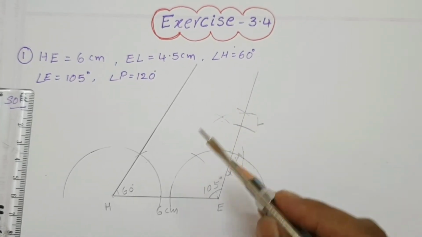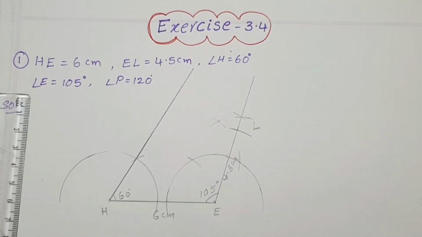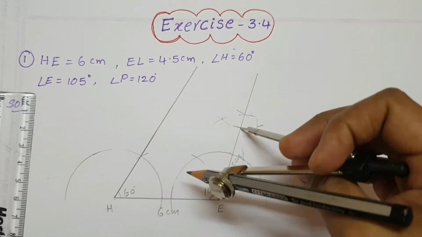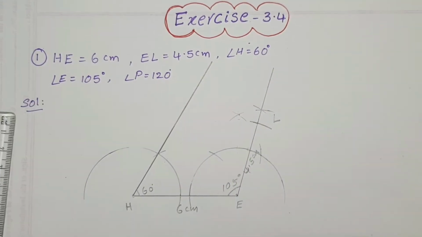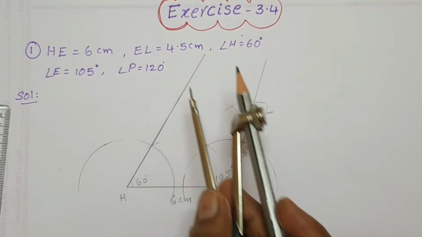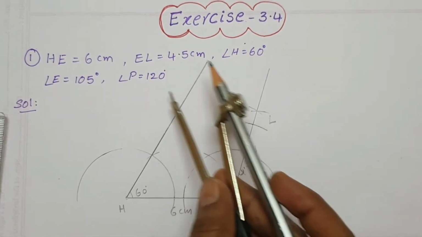Again here, 75 degrees with L point, again below half. Here observe angle P 120, but here we cannot conclude that 120 degrees.